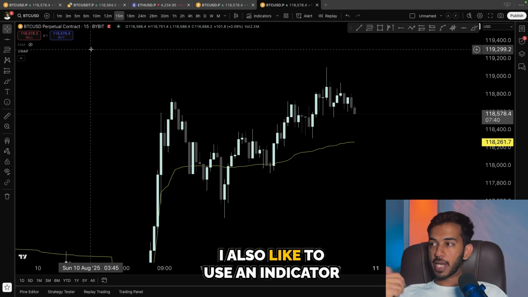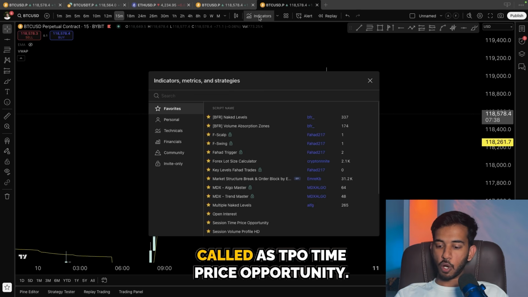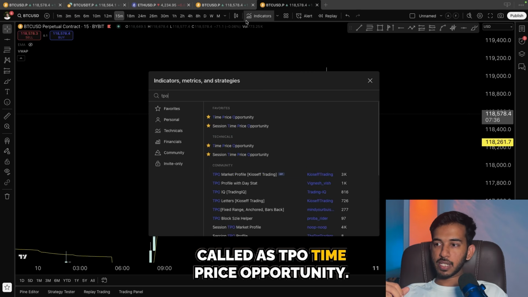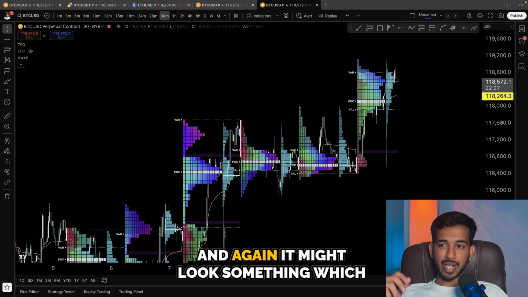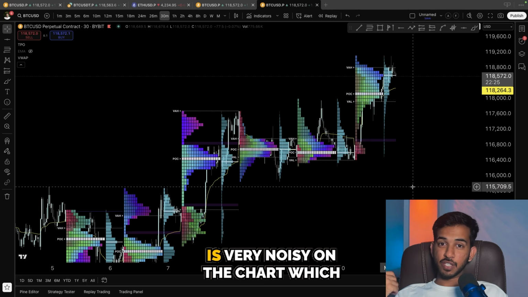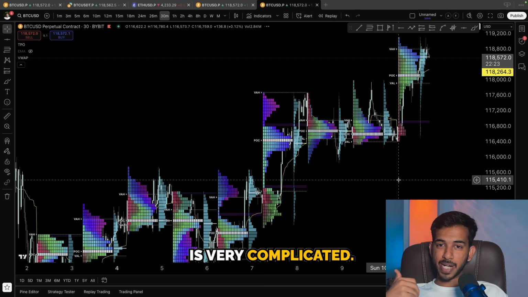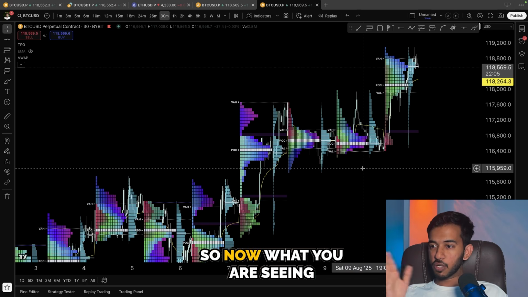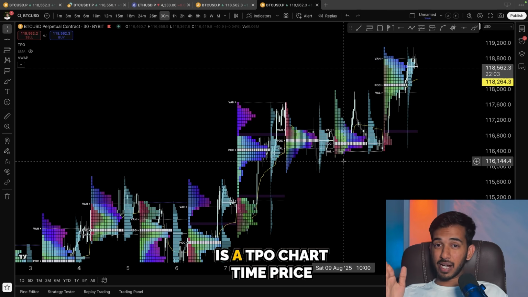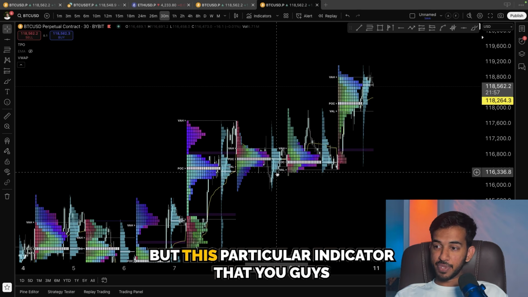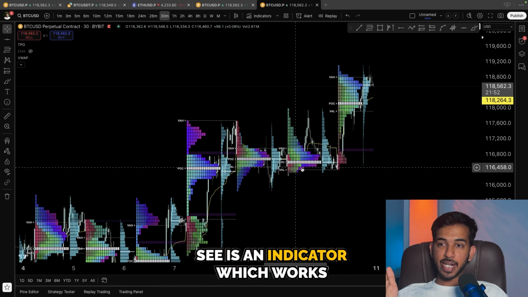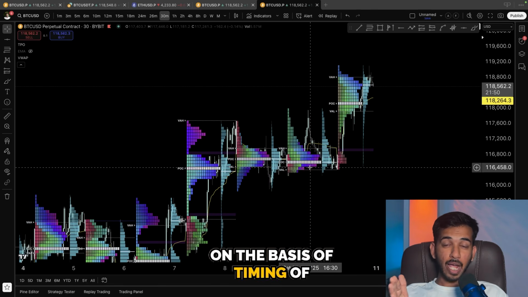Second, I also like to use an indicator called TPO, time price opportunity. And this is what it actually looks like. And again, it might look very noisy on the chart, very complicated, but trust me, it's not. All right. So now what you are seeing is a TPO chart, time price opportunity. Most of you guys have been following volume in the market, right? But this particular indicator works on the basis of the timing of the market.